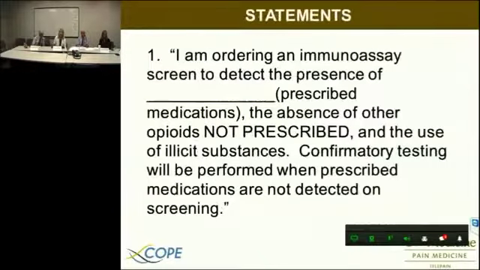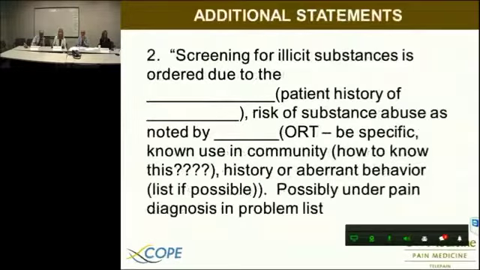Here are some sample statements: you're ordering immunoassay to detect this, the absence of that, and you'll do confirmatory testing when prescribed medications are not present on screening. Another possibility is screening for illicit substances is ordered due to certain patient history, such as the patient taking their mother's medications because their medications have been stolen, whatever. But write down why you're doing it.